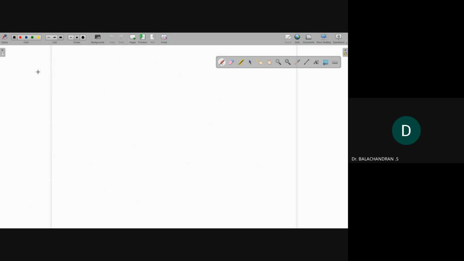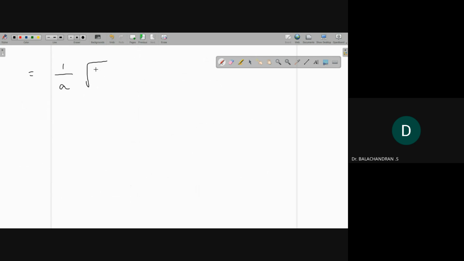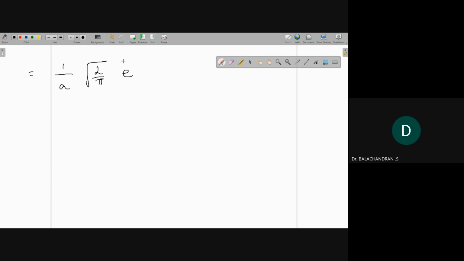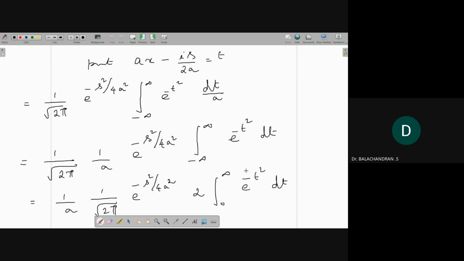You can write this is equal to 1 by a root 2 by pi into e power minus s square by 4a square, and then integral 0 to infinity e power minus t square dt.